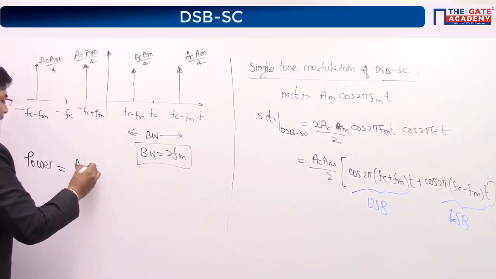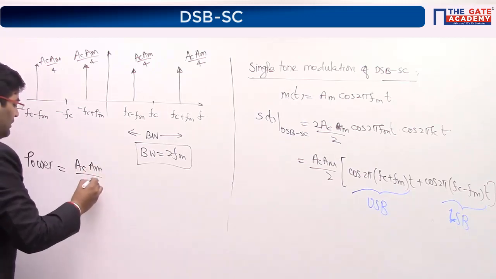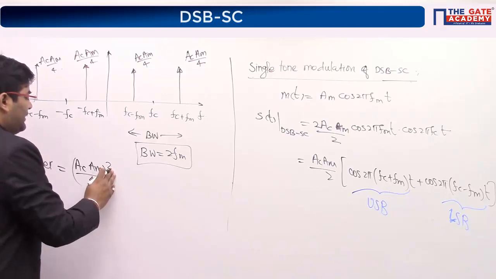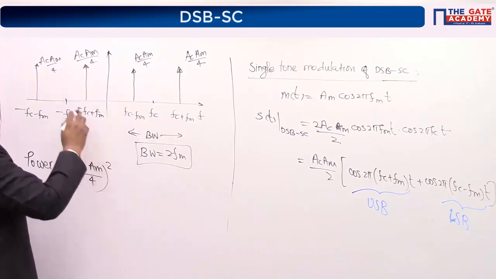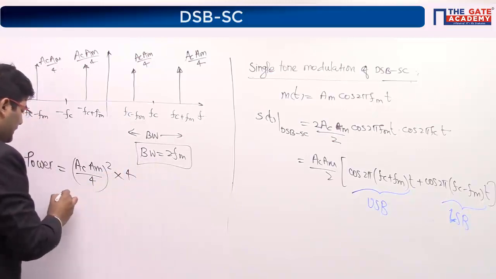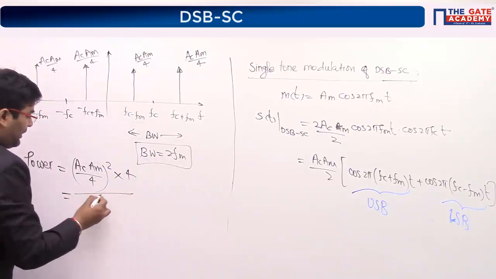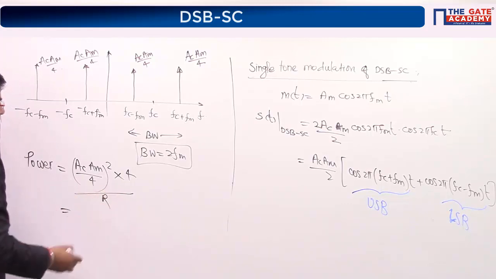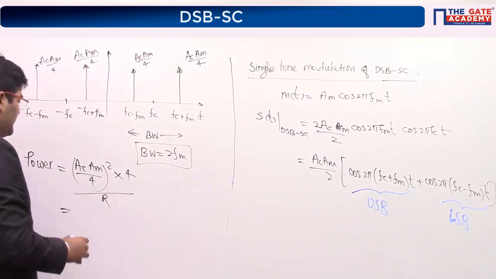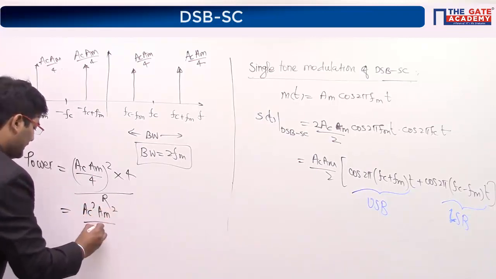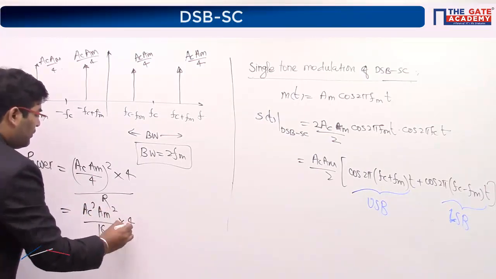So Ac Am by 4, squared, and how many times do you have to add? 1, 2, 3, 4. So multiply by 4. You can always divide by R, there is no problem. To get a normalized power, you put the antenna resistance equal to 1 ohm. So it is Ac square Am square by 16 into 4.